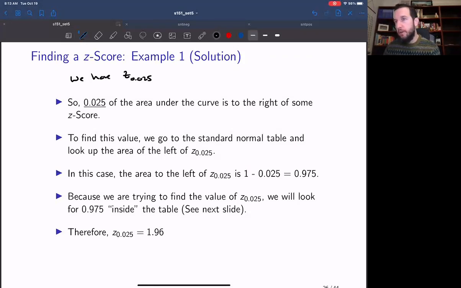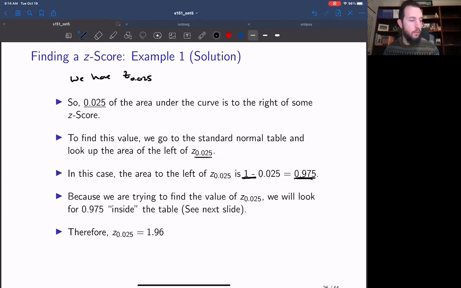So to find this value, our process is as follows. Take the subscripted value, so 0.025 in this case, subtract it from 1, and then look up the result. So whenever we want to find a z-score using z-score notation, our task is simply to subtract the value in the subscript from 1 and then look up the returned value in the table.